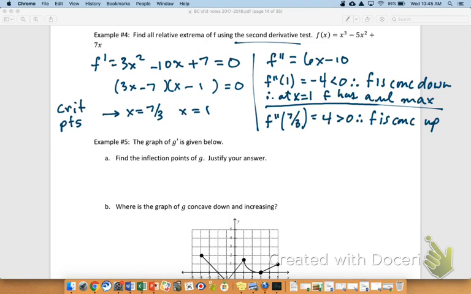Up. And if we have a critical point at a place where f is concave up, what do we have? A relative min. I want to make sure that that logically makes sense. You could picture the graph and put it all together and come up with at x equals 7/3, f has a relative minimum. Okay. What do y'all think?